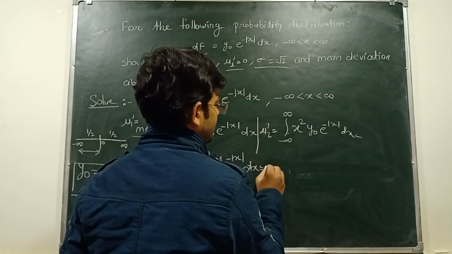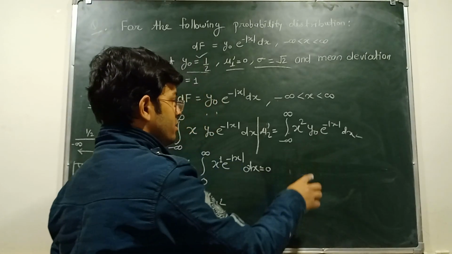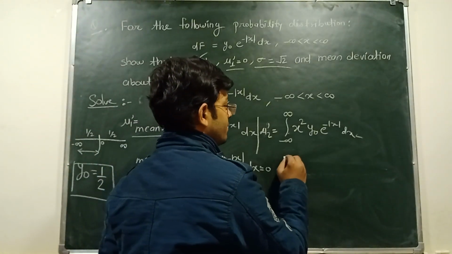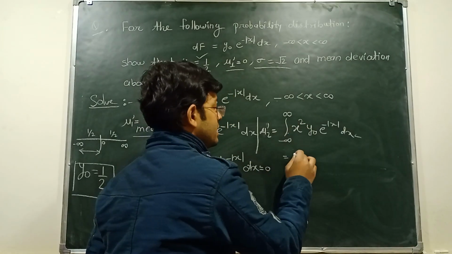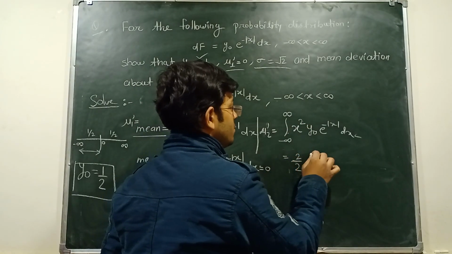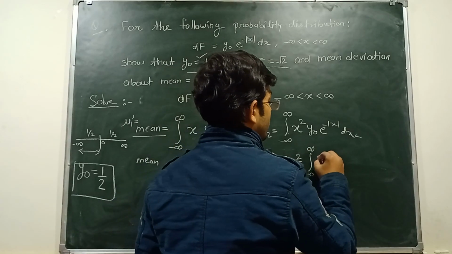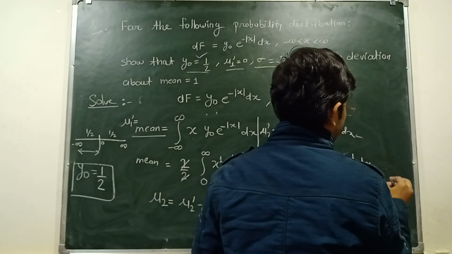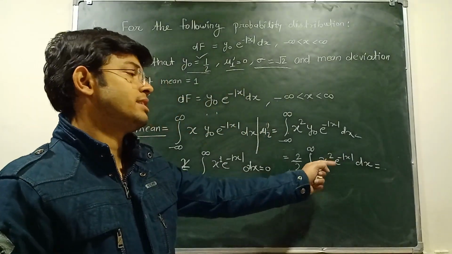Now mu2 dash, and y0 is already known to be 1 by 2, so 1 by 2, and we change the integral sign, so 2 times the integral from 0 to infinity of x square e to the power minus x dx. This is an even function because the power of x is 2.